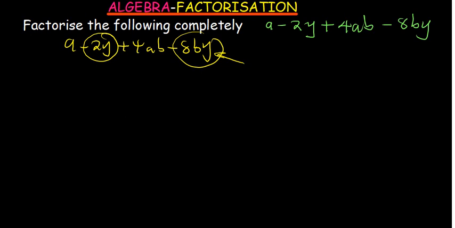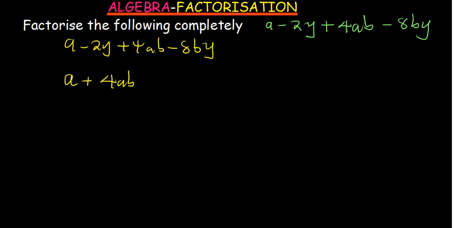If you want, you can pair them because 4 can go into 4 and 4 can go into 8. It doesn't matter. It depends on you. The answer is going to be the same. So I'm going to get what has a together with what has a, and then negative 2y minus 8by. We're going to factorize them two like this.